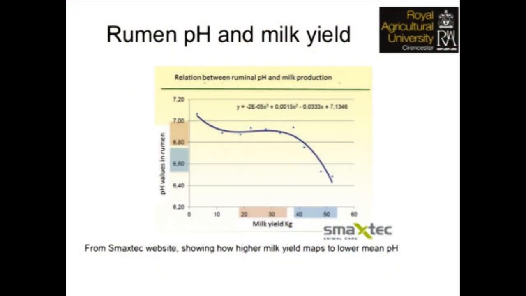Now, in very simple terms, you can map rumen pH against milk yield. The more starch and concentrates you give your cow, the higher your milk yields, but the lower your pHs go, which is fine, but if you push the pH too low, the bacteria that do the digestion will die and the cow will get acidosis.